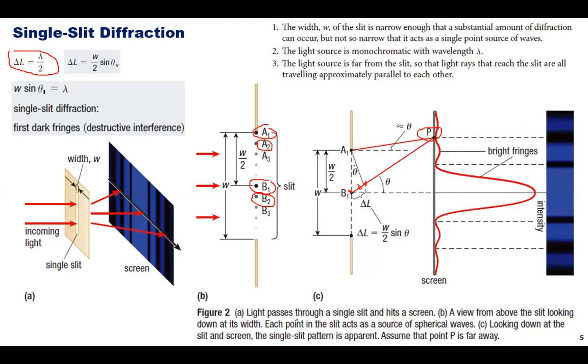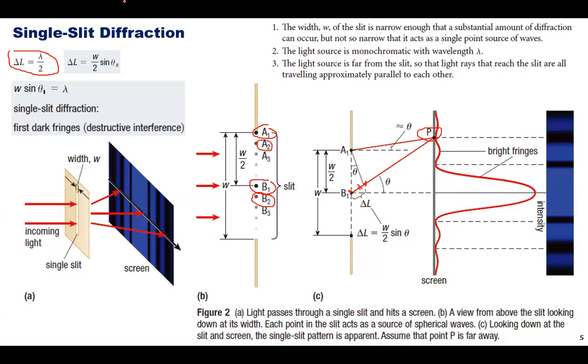From figure 2c, you can see that delta L equals, okay, let's consider this right triangle here. Delta L is a half of W times sine theta, right? Where W is the width of the slit.